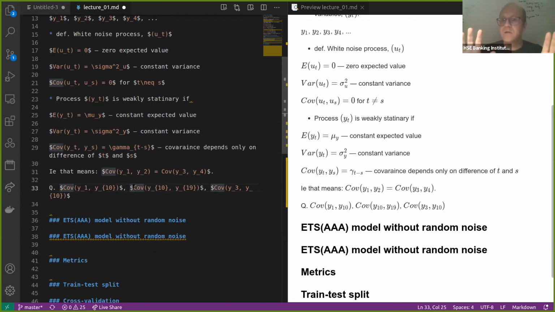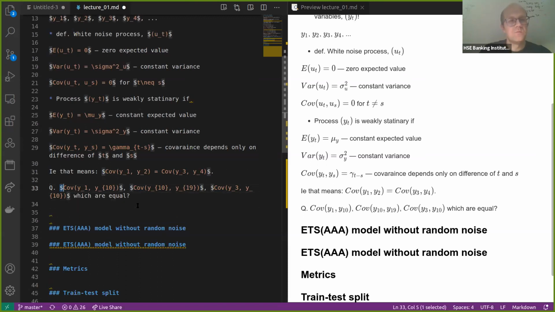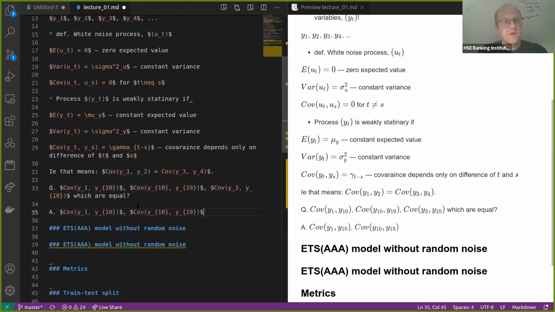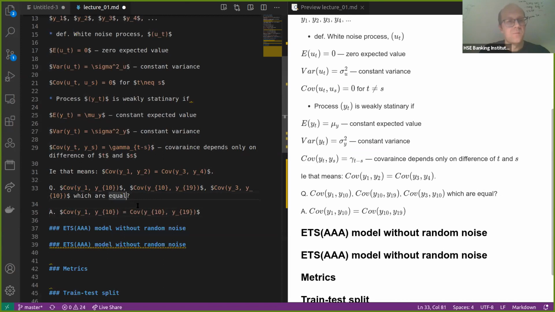That is not required in the definition of a weakly stationary process, but you are right. These two are equal. Short answer: these two should be equal for a stationary process.